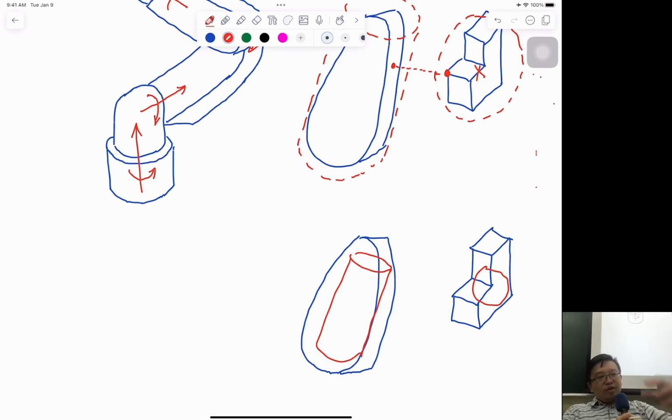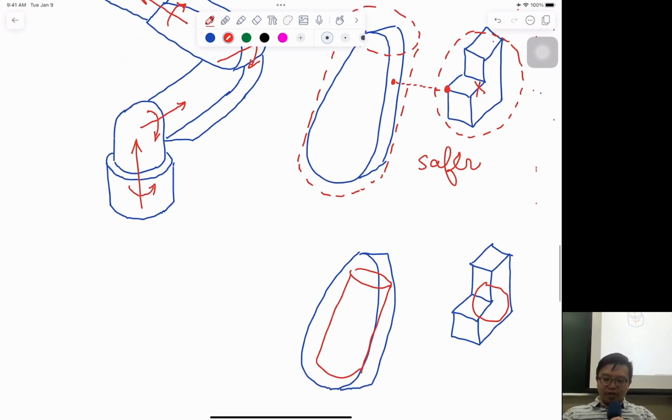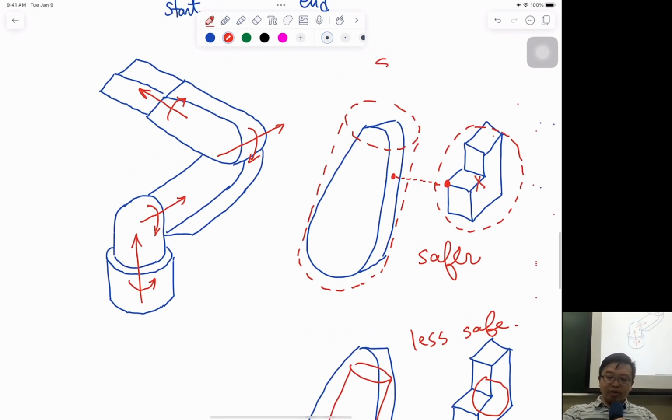So in this field of research, safer the better. So this is safer, and this is less safe. Okay? So we use simplified models.